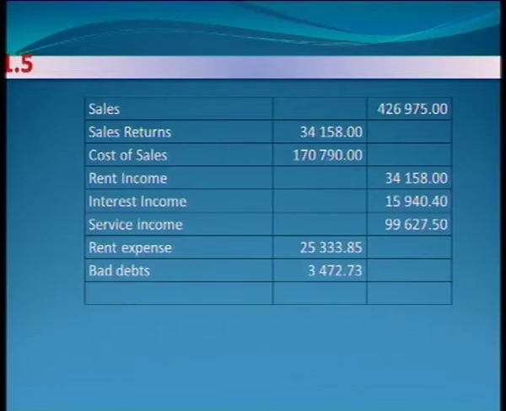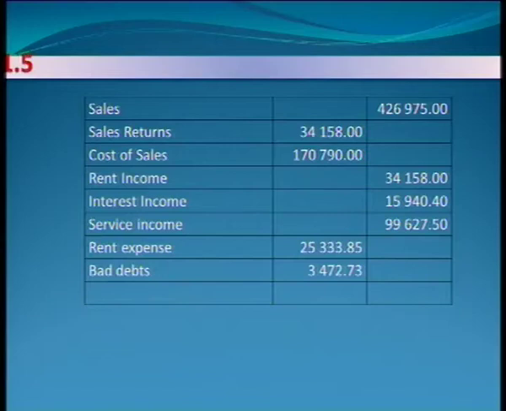Your cost of sales, it's $170,790. Your cost of sales is what we paid for. Those are all the costs that we incurred to purchase our sales. Your rent income is an income because this is money that we are getting for renting out premises. Might be business buildings that we are renting out.